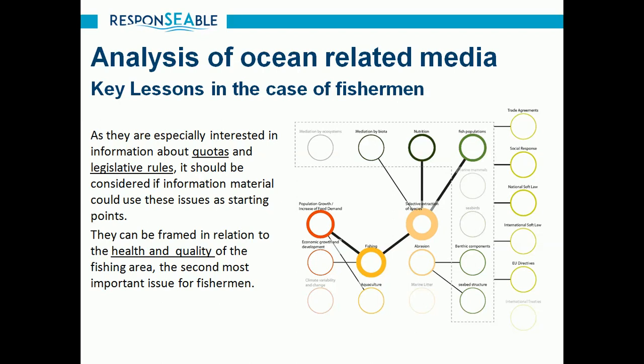In addition, as they are especially interested in information about quotas and legislative rules, it should be considered that information material could use these issues as a starting point to raise and capture their attention. In addition, they can be framed in relation to the health and quality of the fishing area, which is the second most important issue for fishermen.